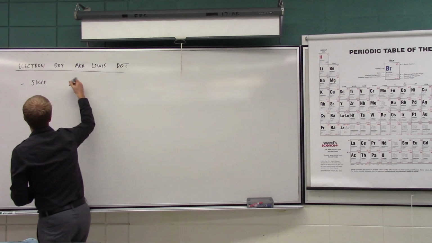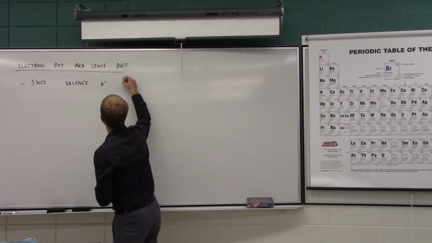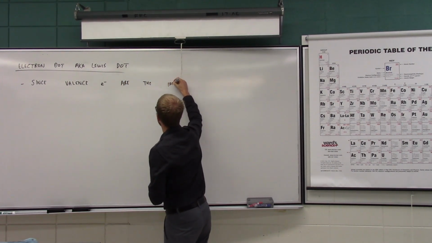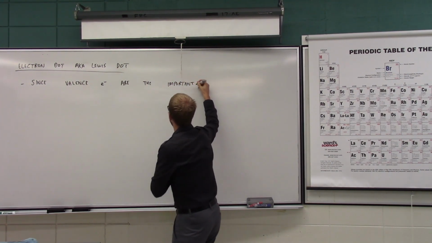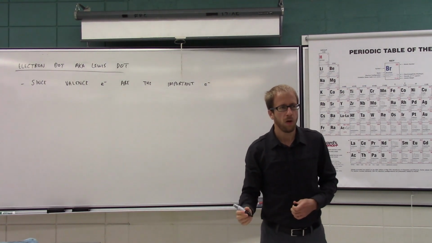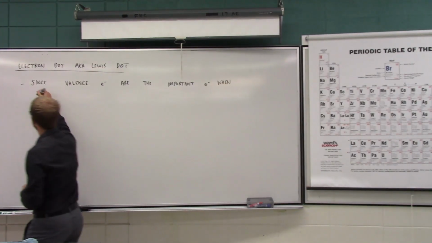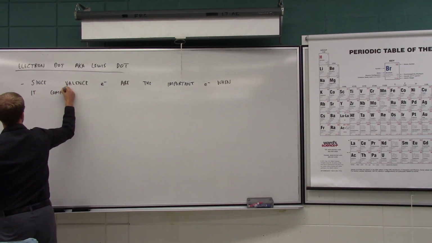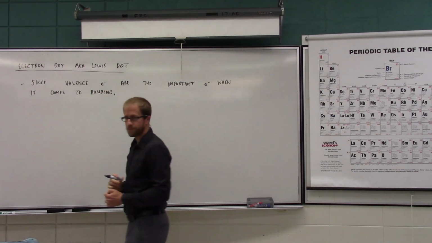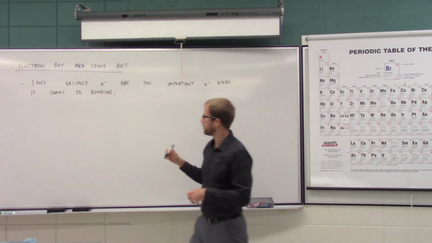So, since valence electrons are the important electrons, the most important characteristic when it comes to bonding, we don't really need to worry about those inner electrons.